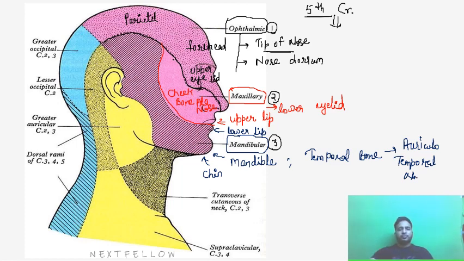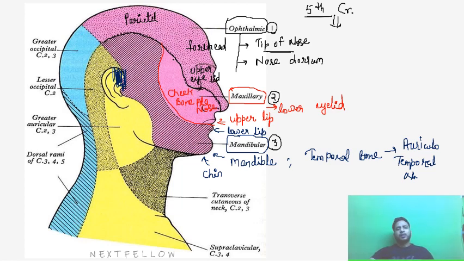So we all know, try to remember the pinna nerve supply. The anterior and upper part of the pinna is supplied by the auriculotemporal nerve. So this part of the pinna is supplied by the auriculotemporal nerve, which is a branch of the mandibular division of the trigeminal nerve.